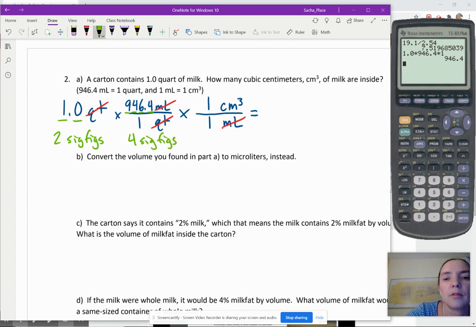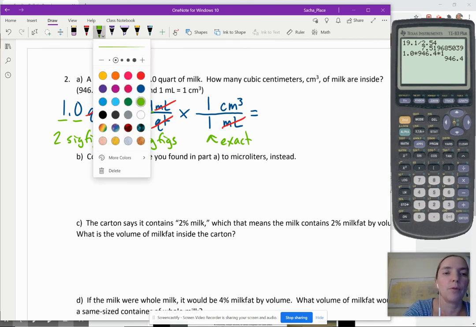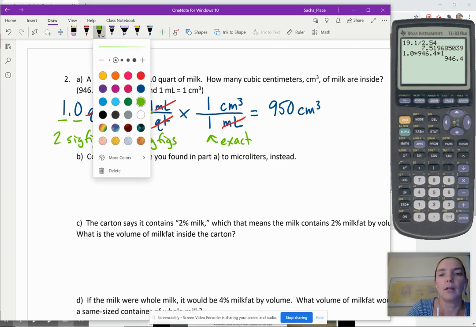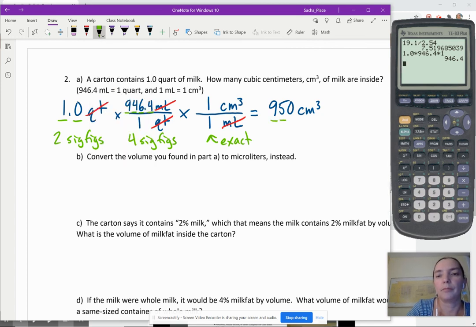And then all of this right here, this is an exact number, and so is the 1 quart that we see on the bottom of the 946.4. So we need to round to whatever is the smallest number of sig figs. So we want to have 2 significant figures. So instead of saying 946.4, I'm going to say 950 centimeters cubed. And that's my answer, and it has two significant figures as it should.